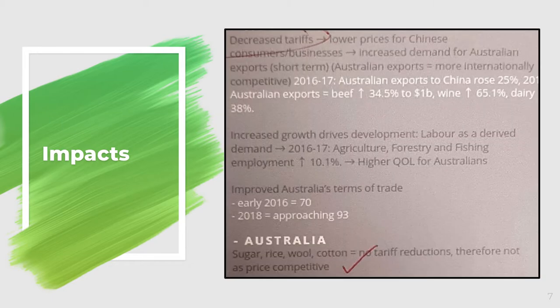Here's a bit of an example for you. So have a bit of a read of this, okay. You will see that there is this idea of decreased tariffs, and then it goes through and it supports it with evidence. Okay, so have a read of these and then think about your impact section, and did you clearly link yours as well as this one does?